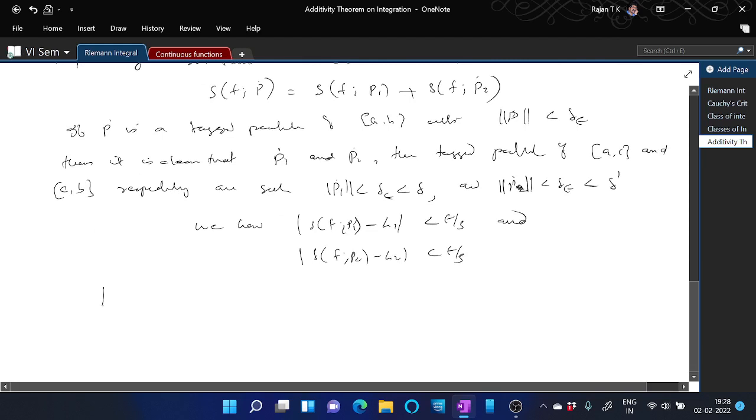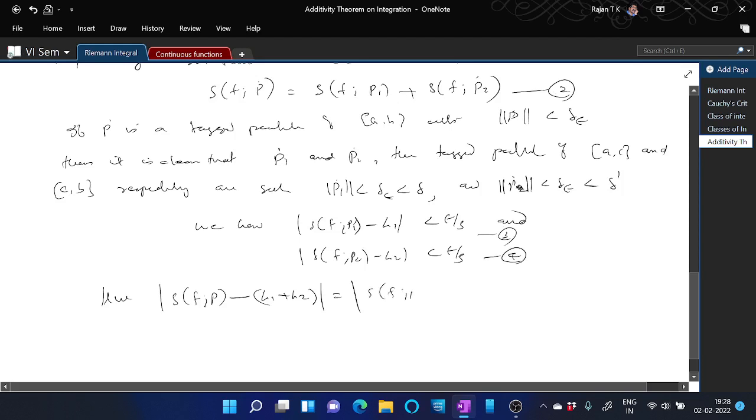Hence, modulus of S of P minus (L1 plus L2), we can write S of P by S2 as S of P1 plus S of P2.